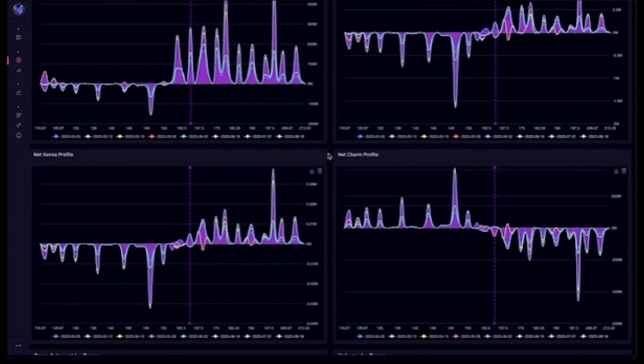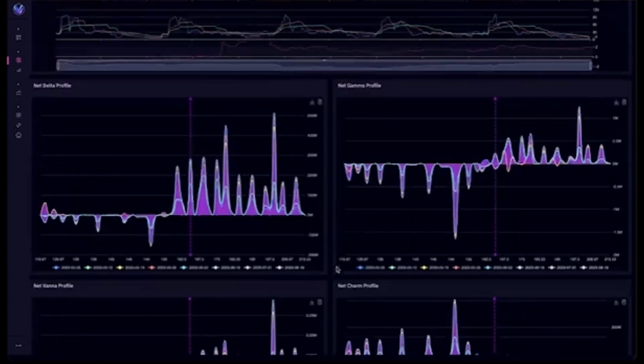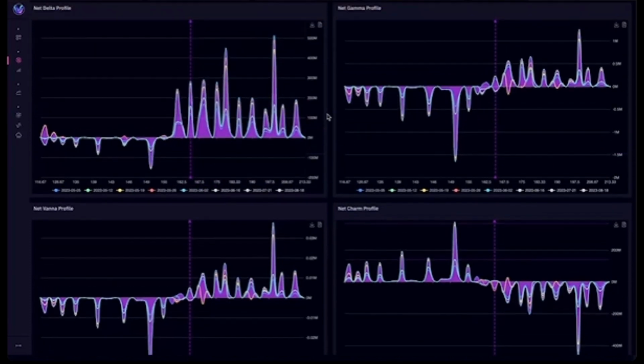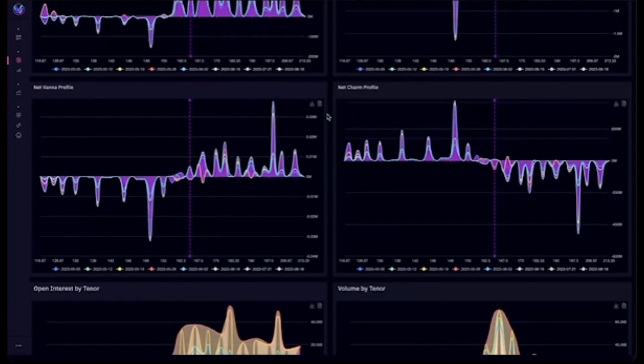So just look for positive, positive, negative, negative for pluses, increases in deltas, and then positive, negative, negative, positive. So like negative Vanna, increase in vol, or positive Vanna, decrease in vol.